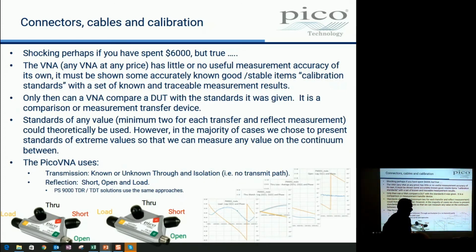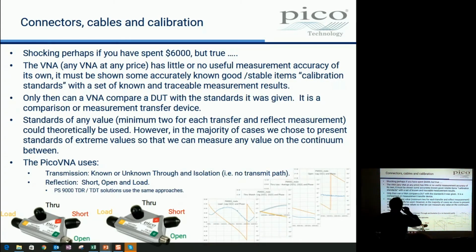And this is why we export cal standards with the VNA or with the TDR TDT. It's exactly the same. You have to export cal standards with the product such that the user can calibrate his actual setup, his actual test leads, the situation that he's in, even if you're doing really precise measurements.